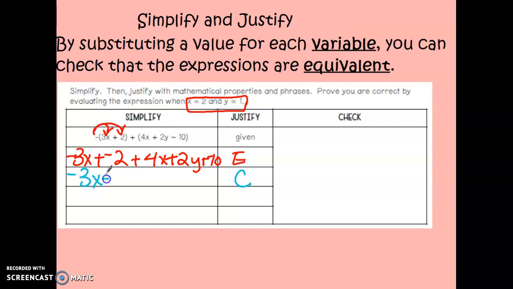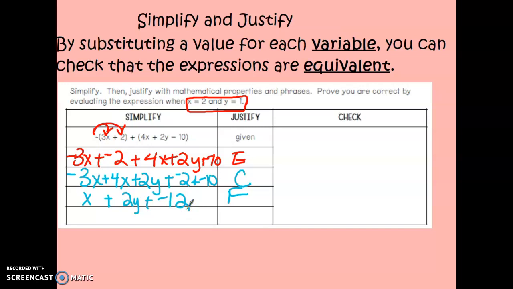So negative 3x plus 4x. 2y doesn't have anything to put with it, and then I have negative 2 and negative 10. Then I add them together, combining like terms. So I have just x plus 2y plus negative 12.